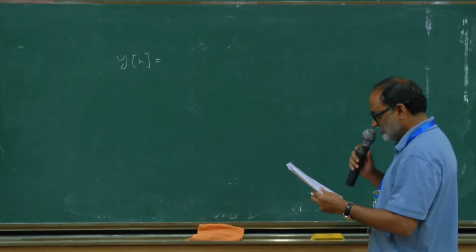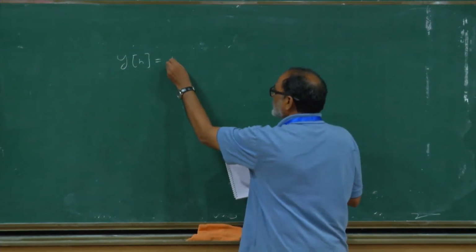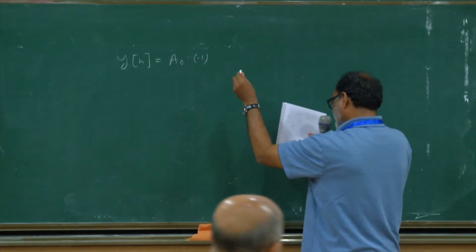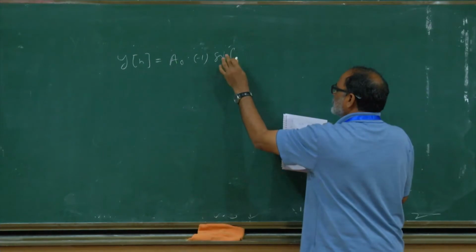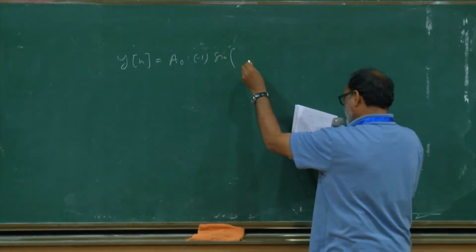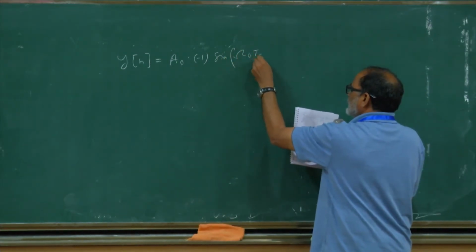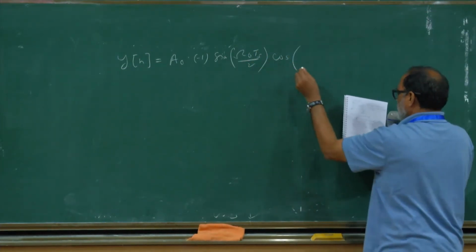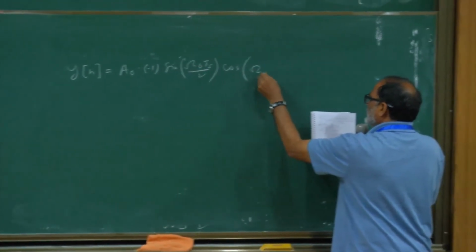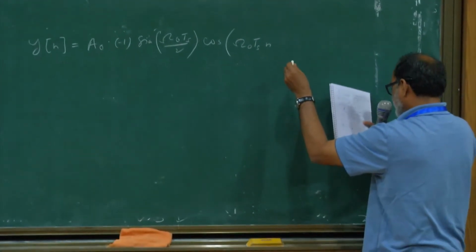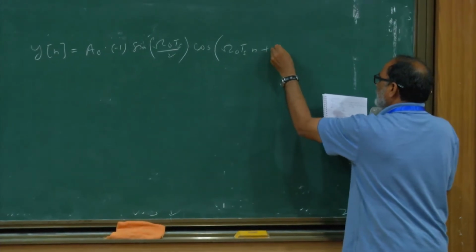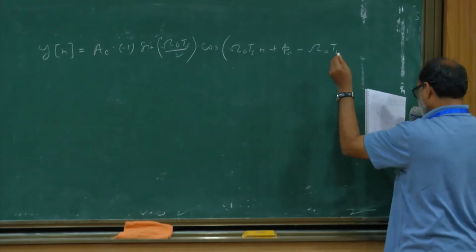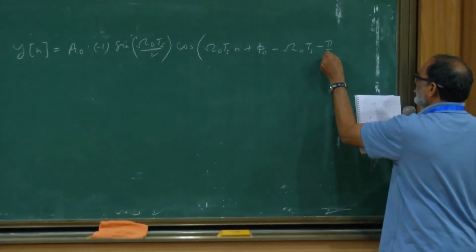So we get y[n] is equal to a0 times minus 1, sine of omega 0 Ts by 2, into cos of omega 0 Ts n plus phi 0 minus omega 0 Ts minus pi by 2.